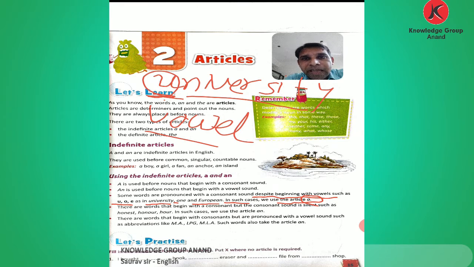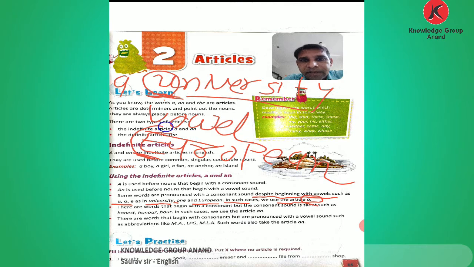A university, because a y sound is created. European starts with the vowel E, but we don't pronounce it as E. It starts with a consonant sound, so we put a: a European person.